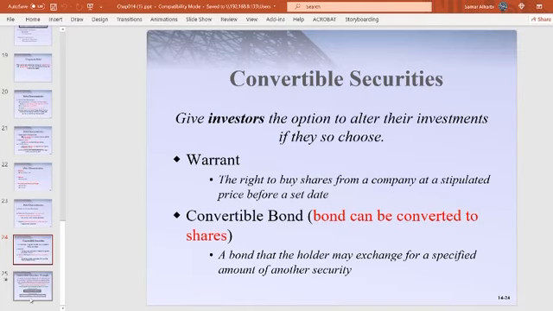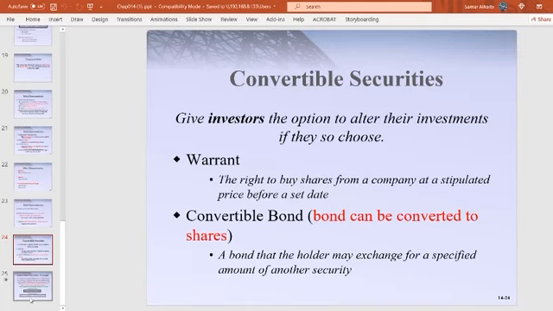That means, for example, if you get a right to buy one iPhone at only $1,000, but the market price is, let's say, $2,000, from the investor's point of view, he has a right to buy it. So you issued a warrant, you took some money, the transaction happens at that time, but you give him a right to buy shares. That means this warrant is converting the security to shares.